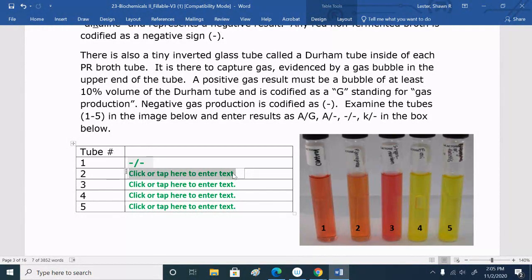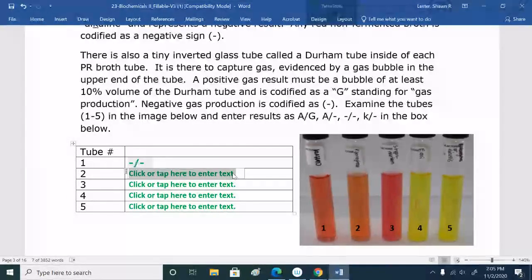So what would you say for tube 2? No gas also. Right, it's not yellow and there's no gas. So remember, orange is not yellow.